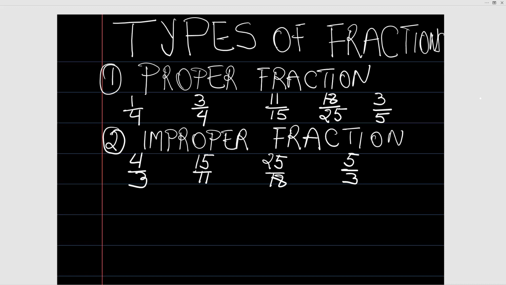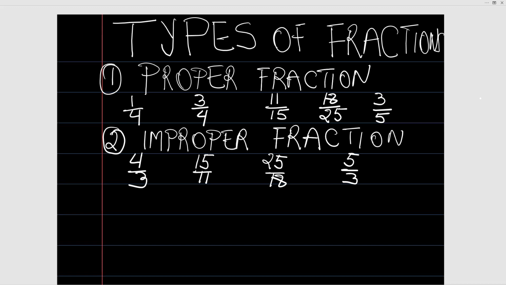So what is an improper fraction? Can you answer that question? An improper fraction is a fraction where the numerator is greater than the denominator.